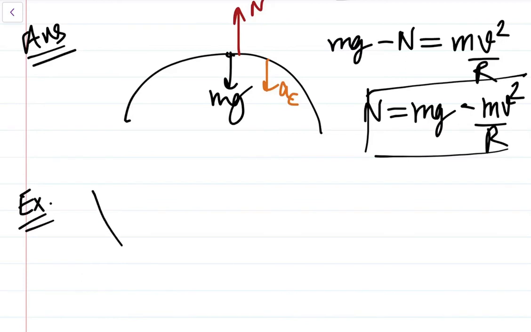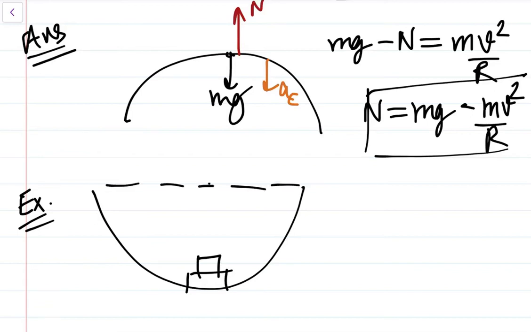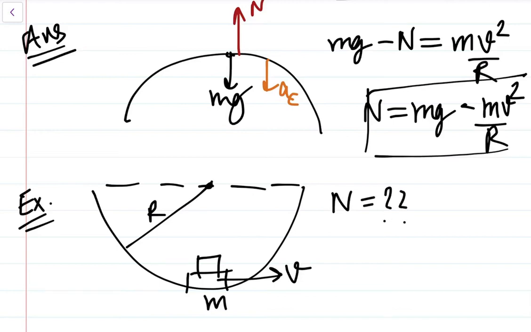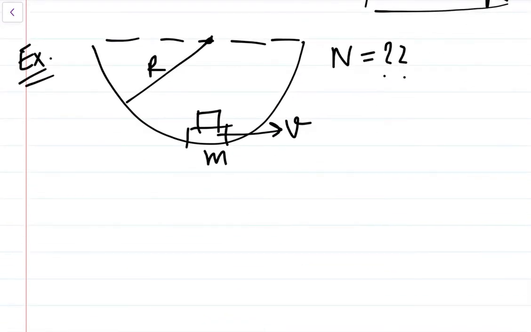Okay, so let us take another example. Now the car, as you can see, is moving on a concave type of bridge, and this time its radius is also r and it is moving with a velocity v, and mass is m. We are told to find normal reaction again. In this case also we just have to make a free body diagram, nothing else.